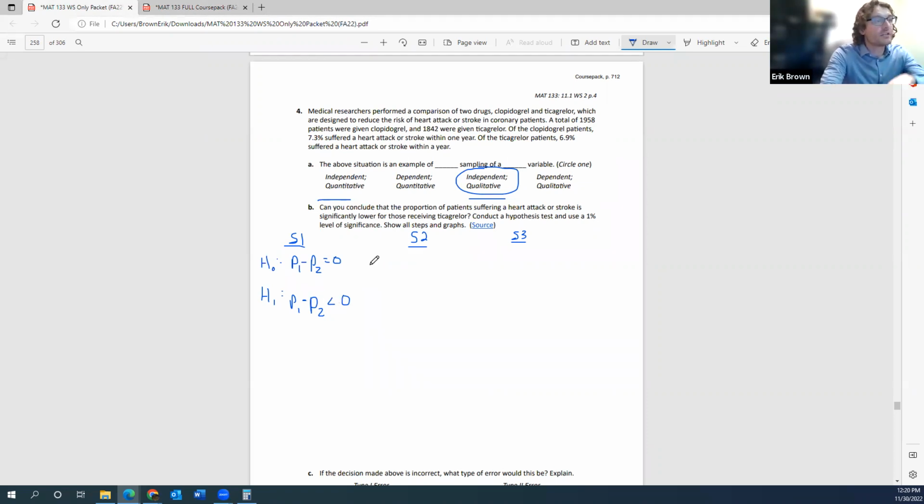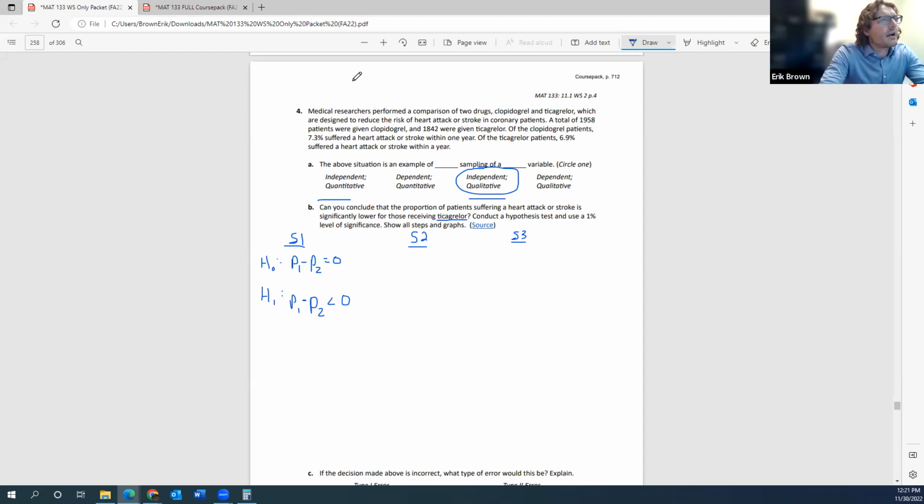Now, what we need to do is make sure we understand what is group 1 and what is group 2. So it says, can you conclude that the proportion of patients suffering a heart attack or stroke is significantly lower for those receiving the T drug?